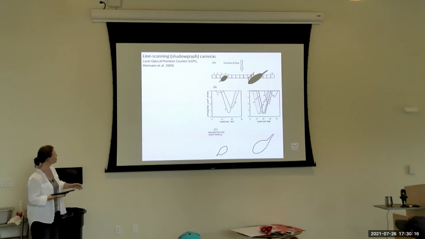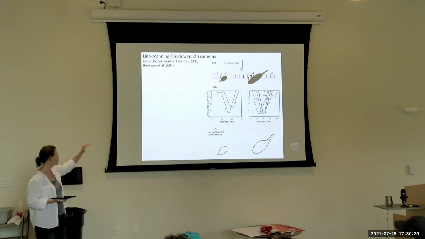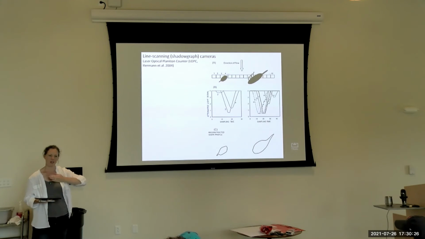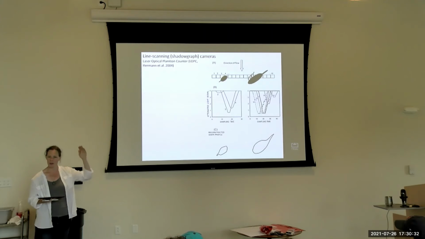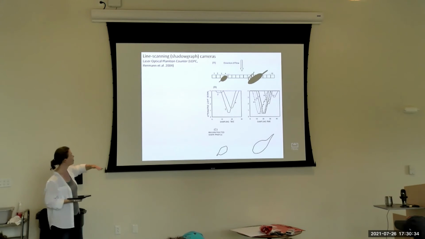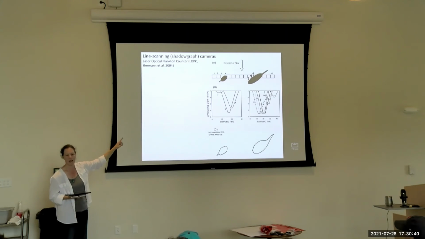So the way that this works, and the reason I wanted to put the LOPC on, just because it's a nice clear explanation, is that you've got the water flow going across the linear detector array. If you have plankton, like these nice cartoon copepods, going through the field of view across this detector array, different elements of the detector are going to be occluded at different points in time, depending on the shape of the object.